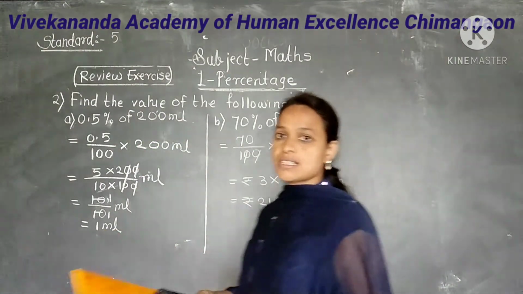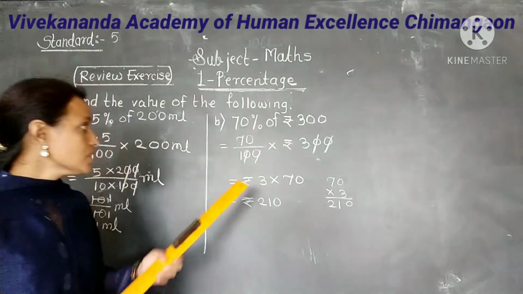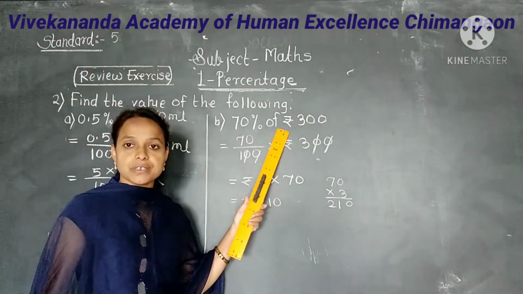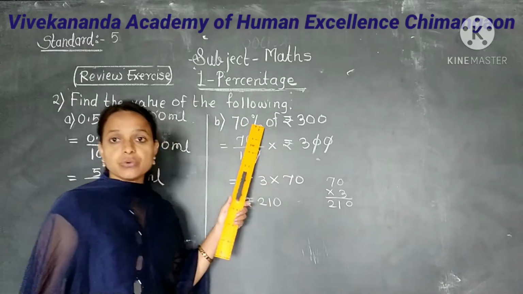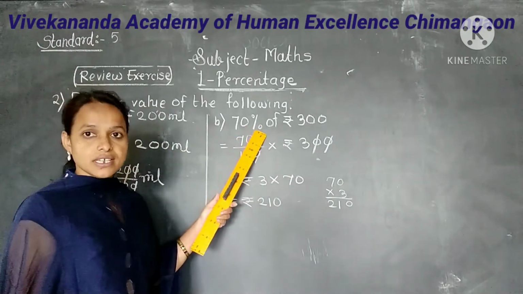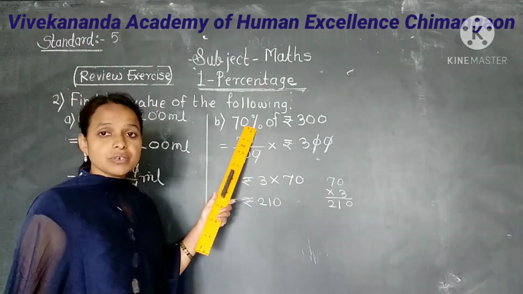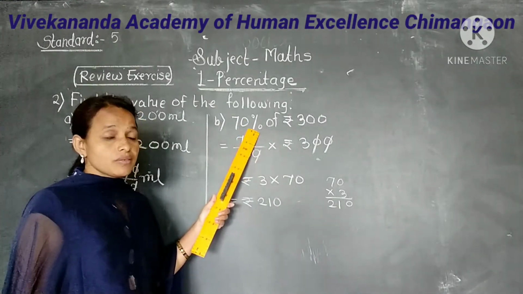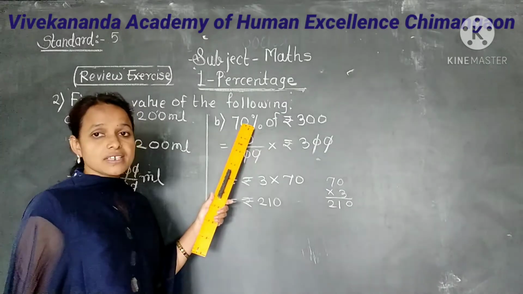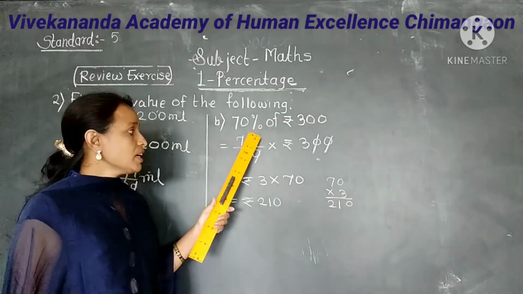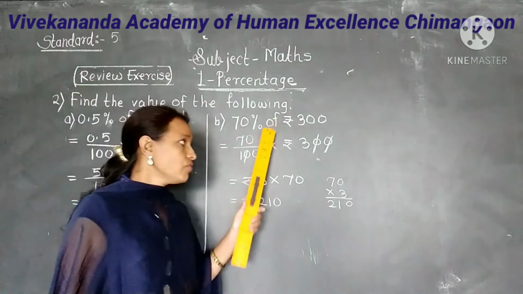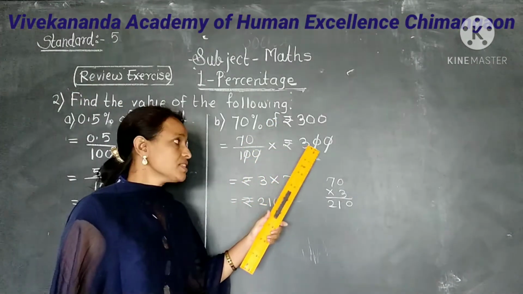Now see next example. 70% of 300 rupees. 70%. So we have to convert percent into fraction. So 70%, by removing percent sign, we divide 70 by 100. So we get in fraction 70 upon 100, of multiplication sign, 300.